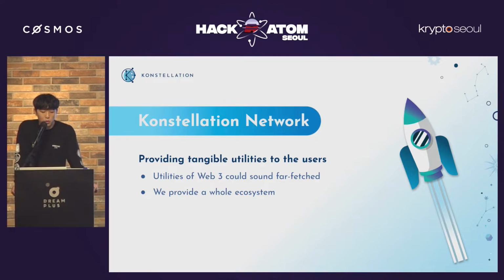But by providing a whole package, we believe it becomes a lot easier to appreciate the true value of blockchain technology. But it goes without saying that Konstellation Network will still work as a key actor in this ecosystem.